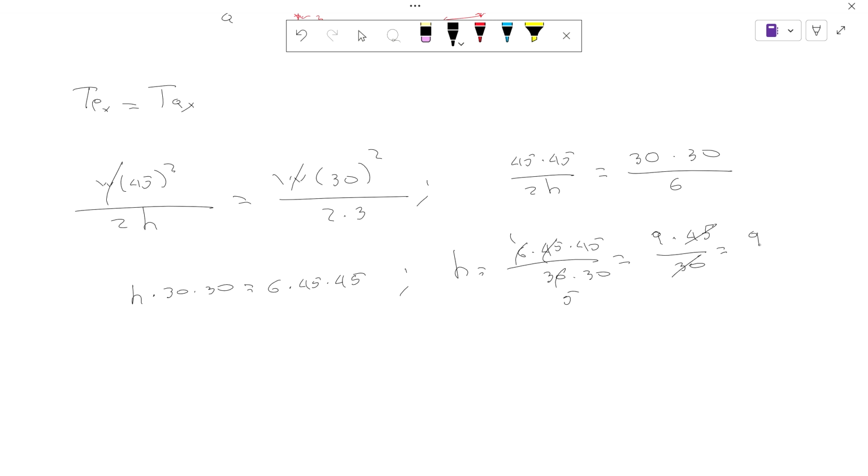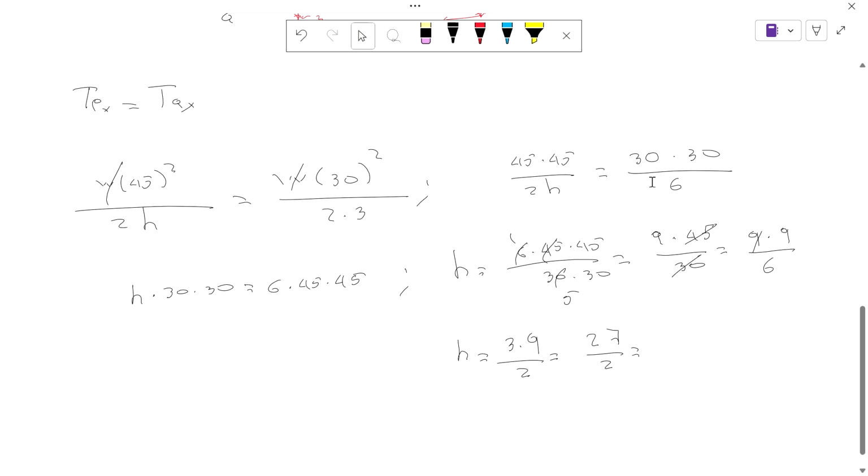So this is 9 times this divided by 5 is 9, and this divided by 5 is 6, and H is equal to, this is 3 and this is 2. Alright, so this means that we have 27 divided by 2.